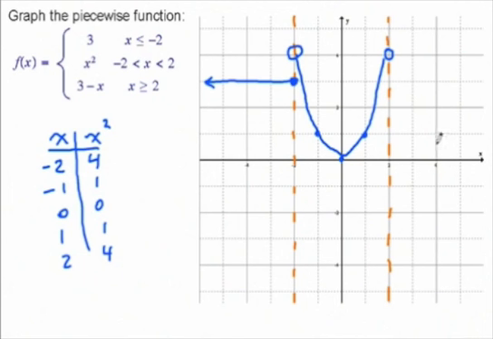So if x is equal to 2, 3 minus 2 is 1. So we're going to get this coordinate right here. Since it's x is greater than or equal to 2, we're going to get a solid point. And then the slope of negative 1 would be down 1 over 1 forever. So we get this nice straight line that goes down that way. And this would be the graph of the piecewise function f of x.